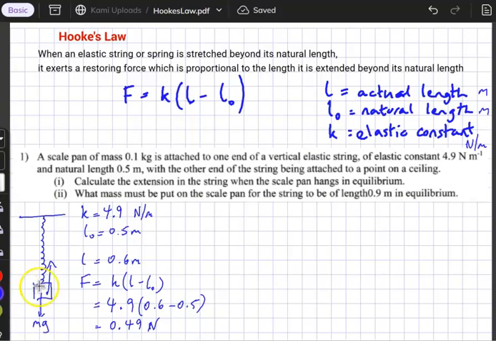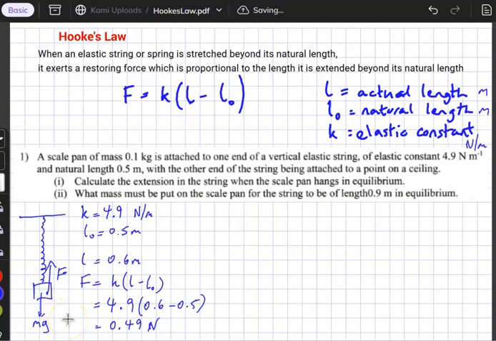If the force acting up is not the same as the weight acting down, there's no equilibrium, and it's going to be stretching, moving downwards. You might have this equilibrium whereby the weight created by the mass is equal to the elastic force, the restoring force pulling it back to its natural length.